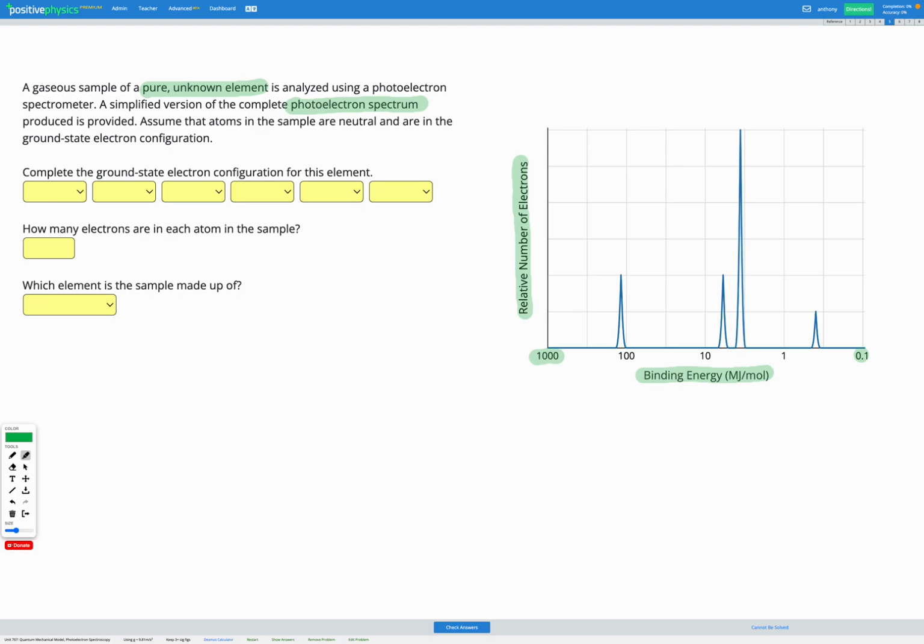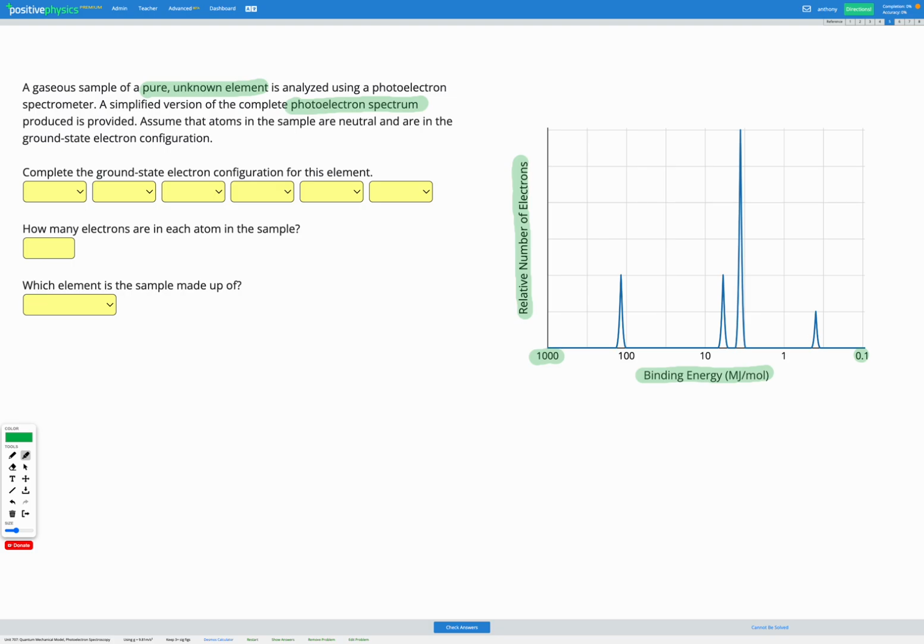So to figure out our electron configuration, we need to figure out what each of these peaks represents. Each peak represents one of our sub-energy levels, such as 1s, 2s, 2p, etc. And the height of those peaks represents how many electrons we have in those subshells.